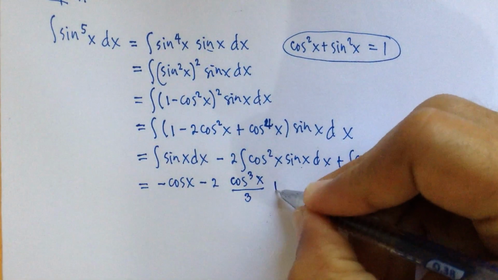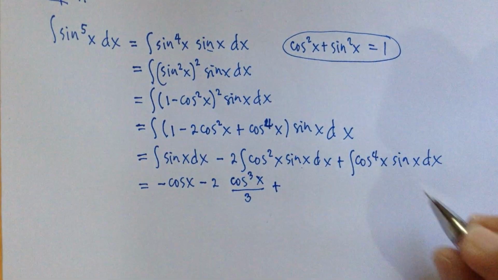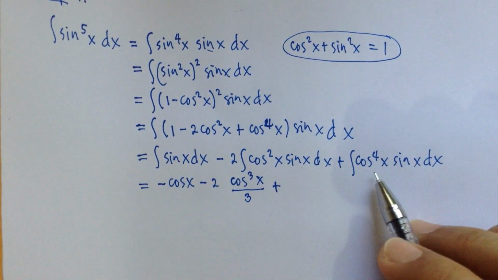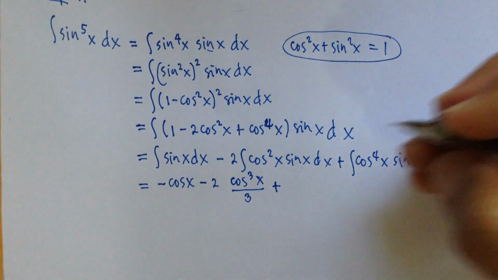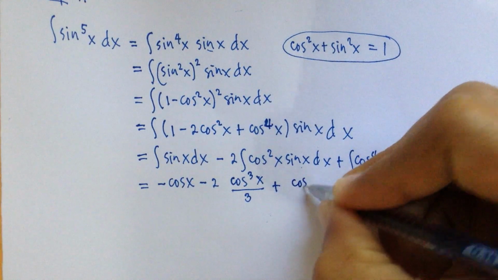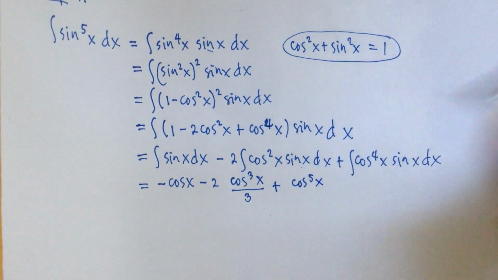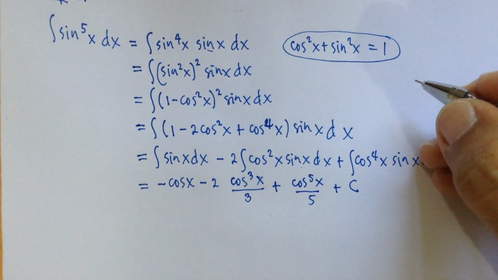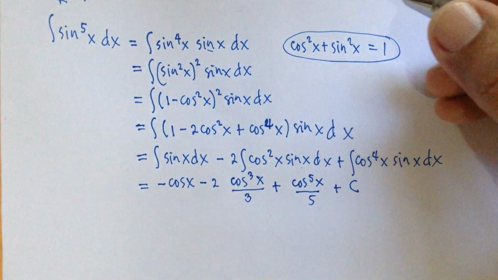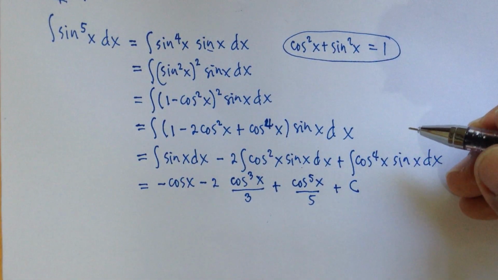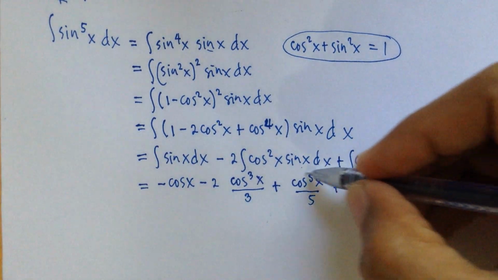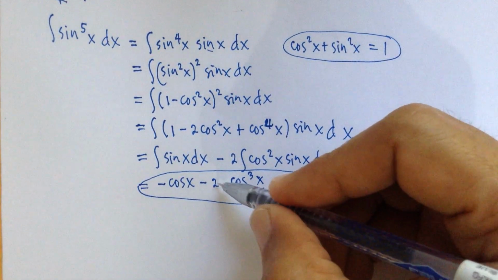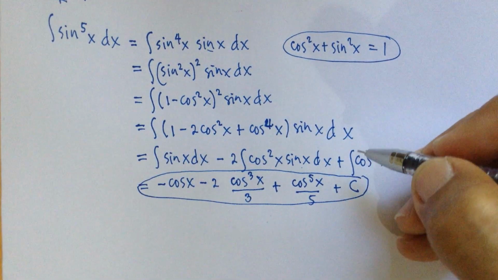Plus this one also is in the form of u to the n du. You have u to the fourth du, where your u is cosine x and du is sine x dx. Therefore the integral of that is cosine to the 5 of x over 5, then plus c. So that's it. We have the integral of sine to the 5 of x dx, and just write this in the form where you have 2/3 here and 1/5 here.